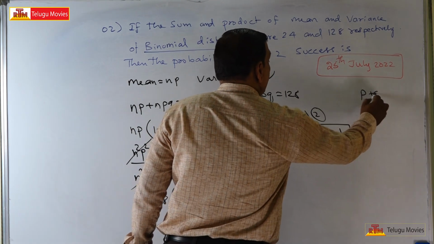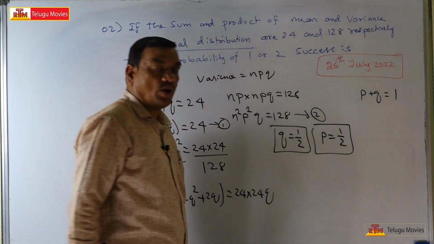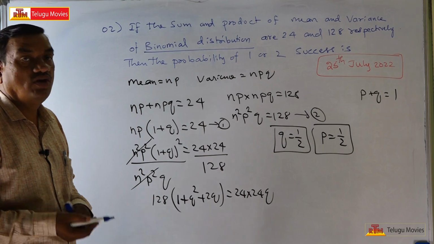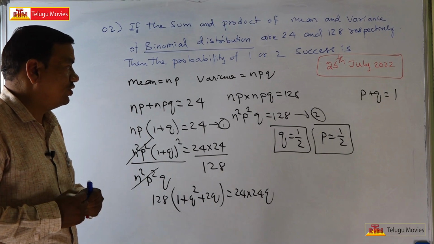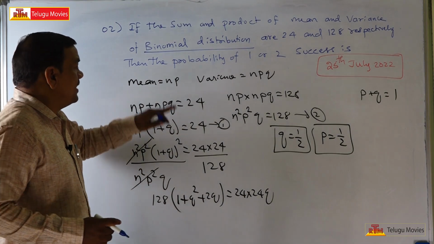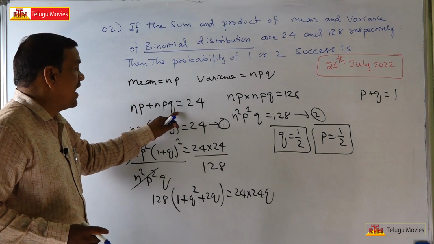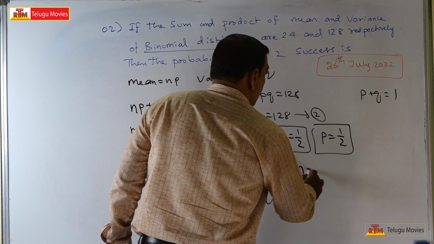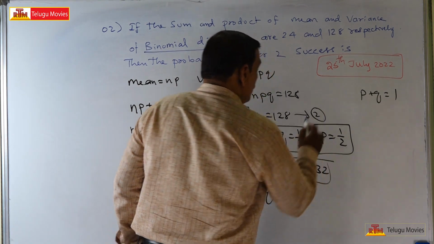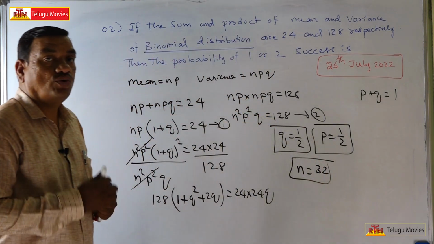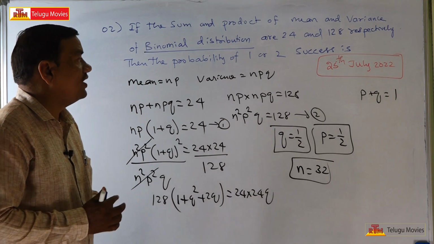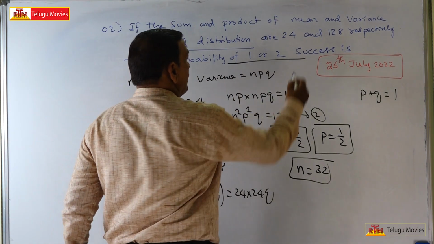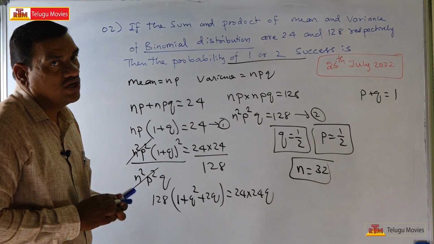Why? Probability of success plus probability of failure is equal to 1, p plus q is equal to 1. Now substitute here p value, q value, you will get n value. So you got n is equal to 32. You know p value, you know q value. Then you are going to find out the probability of 1 or 2 successes.